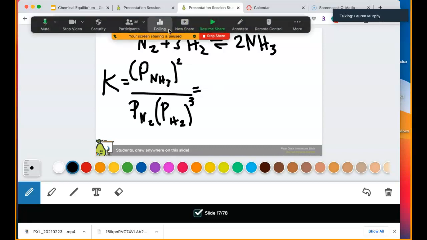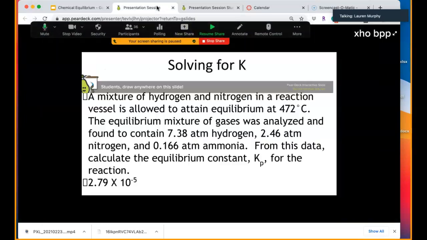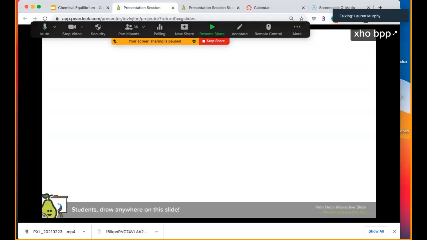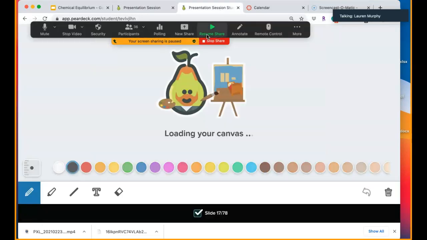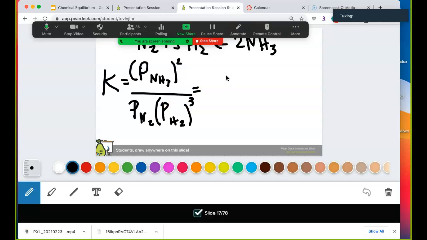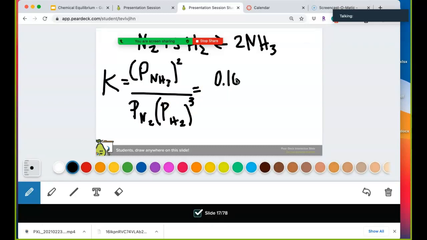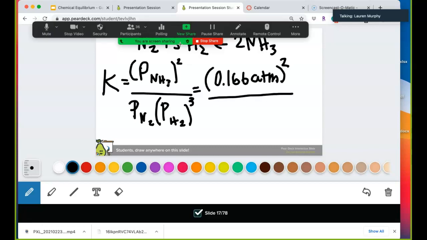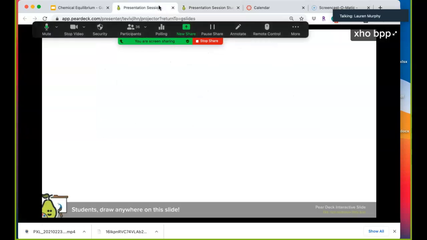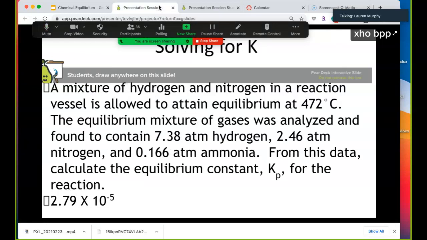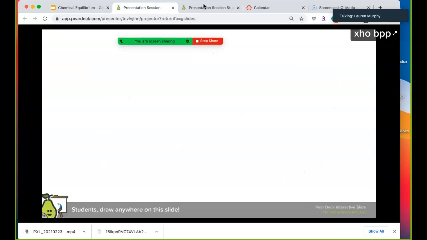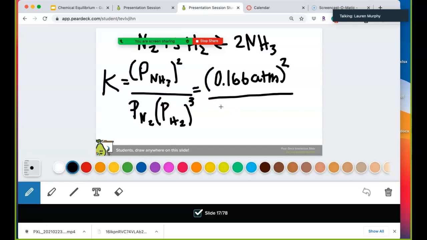So the pressure of ammonia given was 0.166 atmospheres raised to the second power, divided by pressure of nitrogen, which was 2.46 atmospheres.